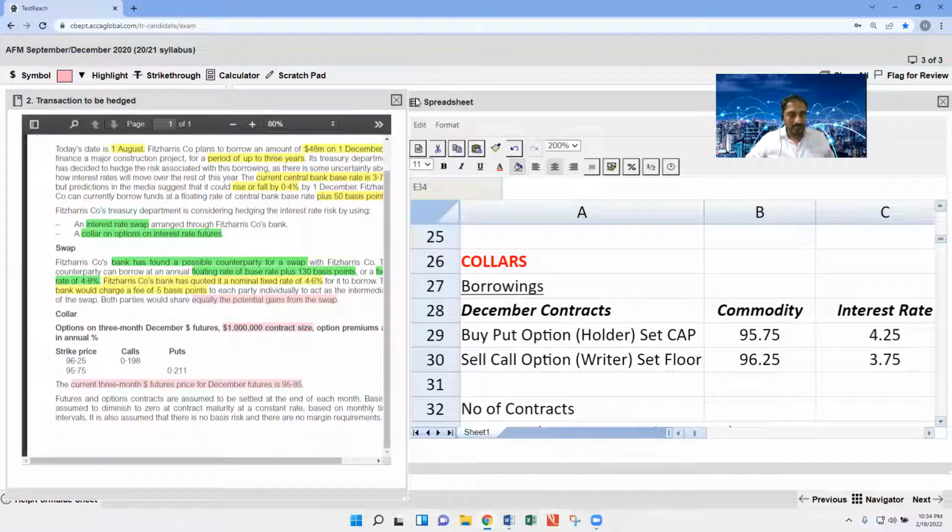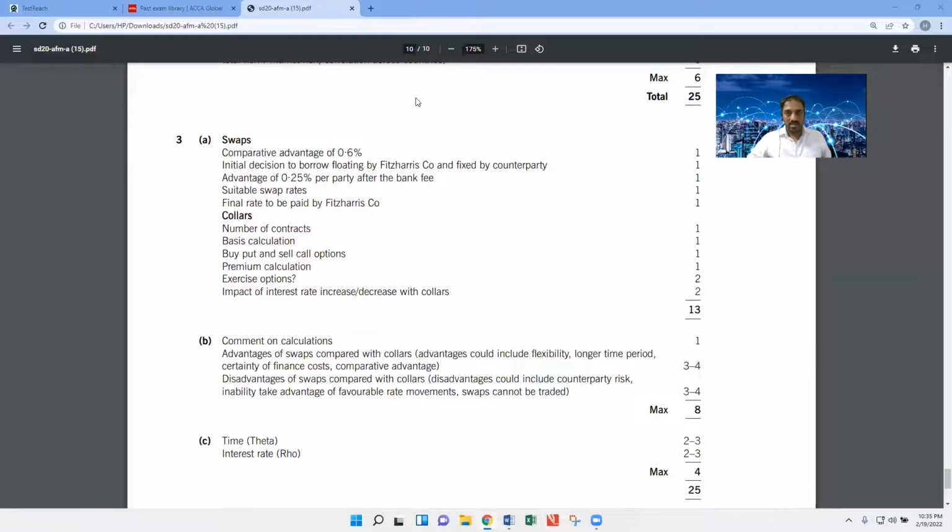A very important thing I'm sharing. The exam is AFM September, December 20. Just a moment. Is my screen clear to you?